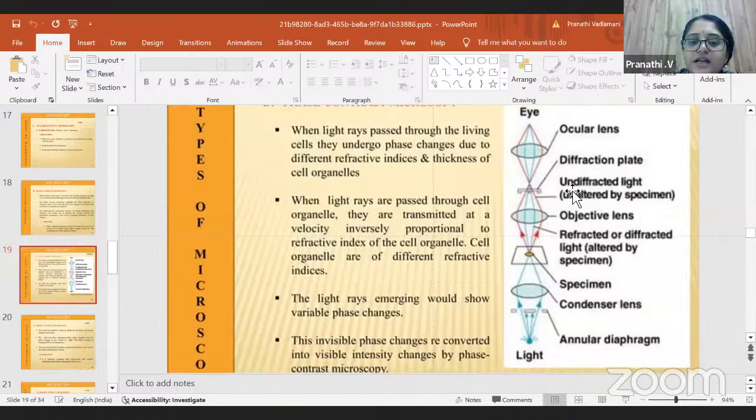Now the light rays that are emerging show variable phase changes. So with this principle, you are able to distinguish between the different cell organelles. So whenever there is this invisible phase that is present, it is going to be reconverted into visible intensity by phase contrast microscopy.